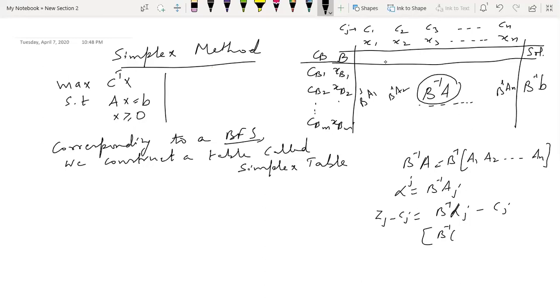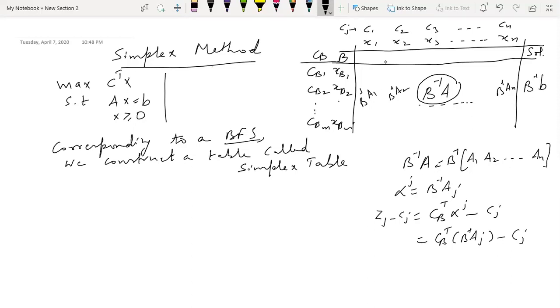No, zj minus cj is not this. Let me correct it. Actually your zj minus cj is cb transpose multiplied with alpha j minus cj. Because alpha j is B inverse aj, you can also write it as cb transpose B inverse aj minus cj. Here cb transpose is a row vector, which is multiplied with the column vector, so you can simply take the dot product.